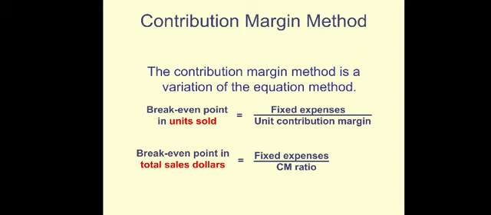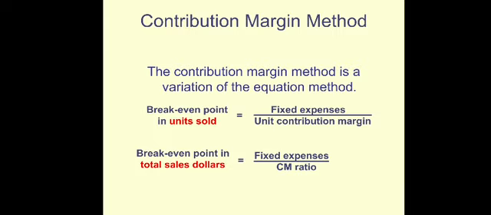To calculate it in terms of dollars of sales, the formula is fixed expenses divided by CM ratio. If you can memorize these two formulas, it is very easy to calculate break-even points.